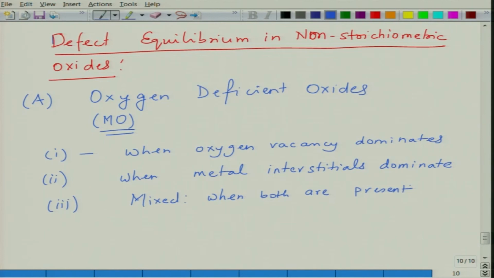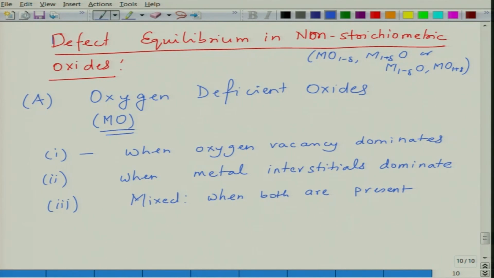So these are the three scenarios that we will look at. Non-stoichiometric will mean you will have either MO1 minus delta, or MO1 plus delta, or M1 minus delta O, or M1 plus delta O. These are the non-stoichiometric cases.